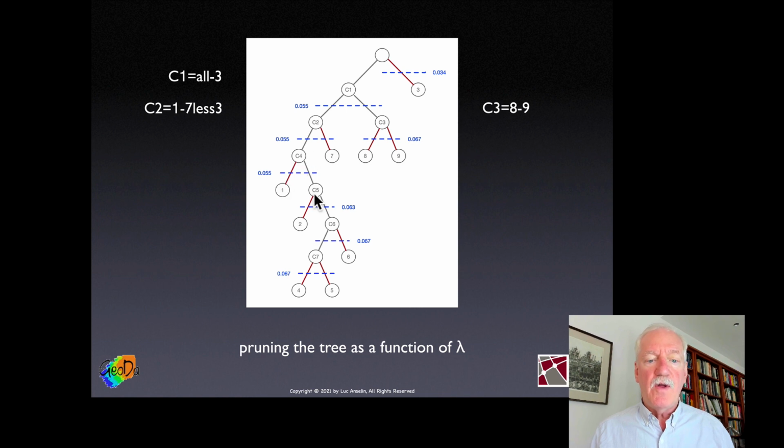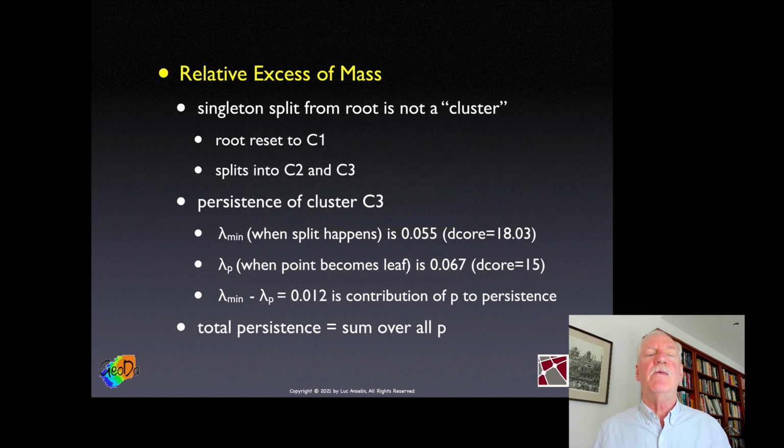And then we use the same logic here, splitting off leaves, and as we go along, to figure out what is the relative excessive mass of the point, what is the point where we maximize the relative excessive mass in each of these clusters. And that is represented by this condensed dendrogram.